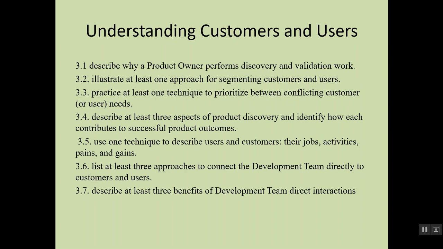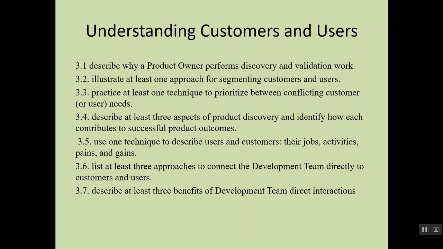Then we are talking about understanding customers and users. The first topic is to describe why a product owner performs discovery and validation work, and then some approaches for segmenting customers and users. What is one technique to prioritize between conflicting customer needs? What are the three aspects of product discovery, and how does each contribute to successful product outcomes?